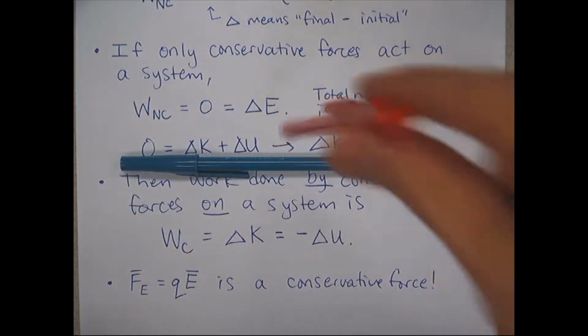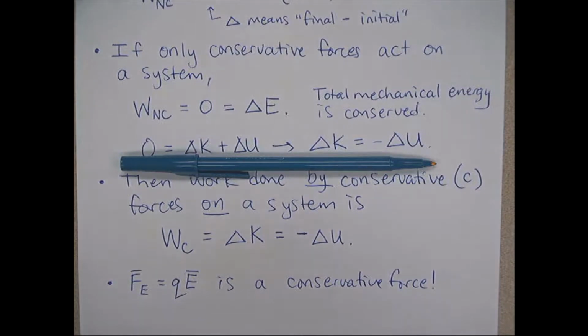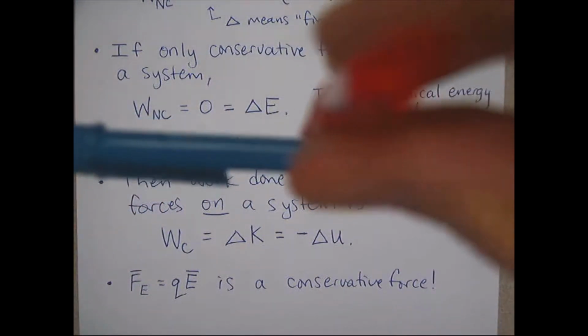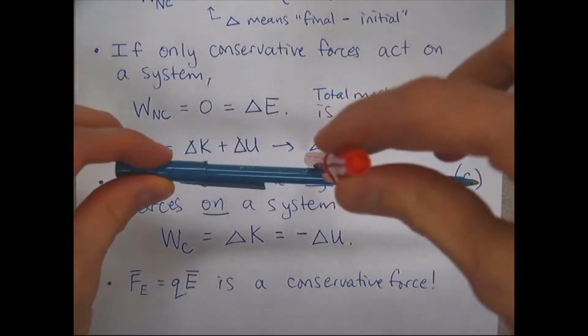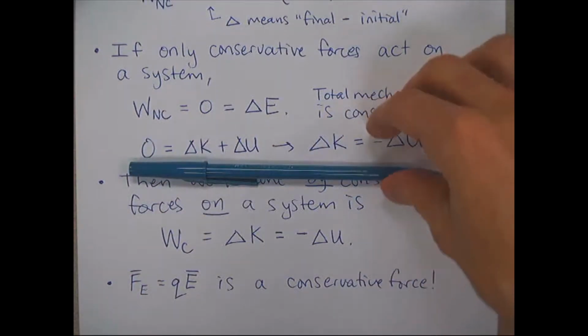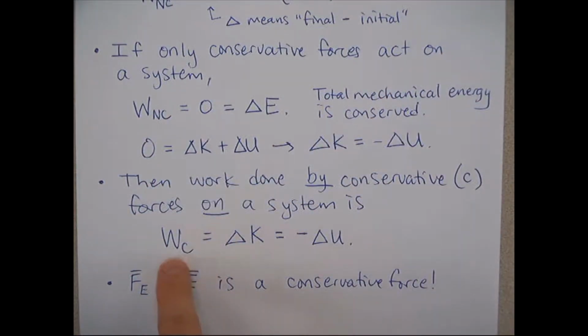So your work integral from UP1, F dot dl, is a positive quantity. Positive work done by gravity implies a negative change in gravitational potential energy.